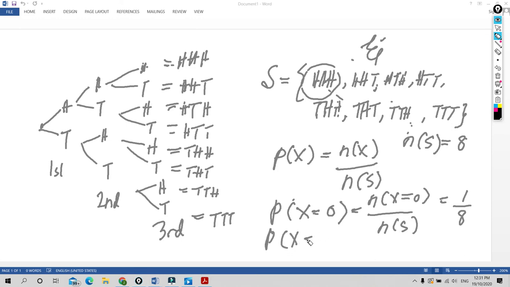Okay, so let's say I want to find the probability of x equal to 1. That means I have one head. So this is one head, and here is one head.